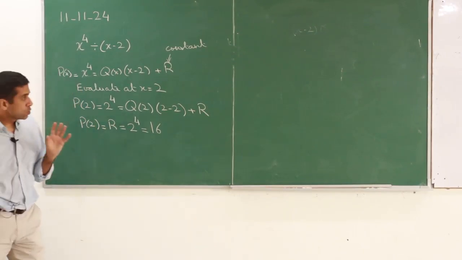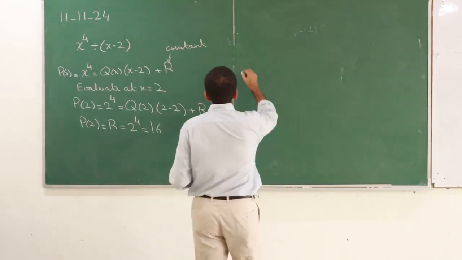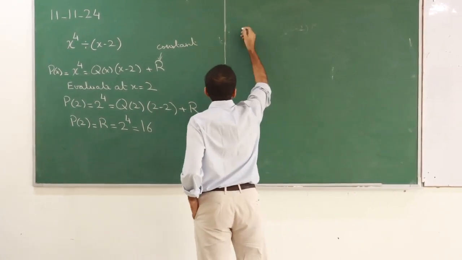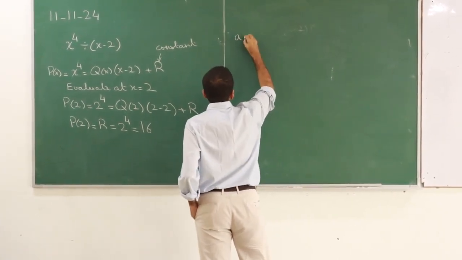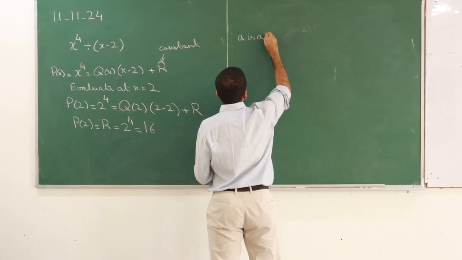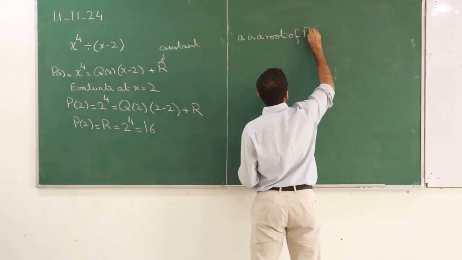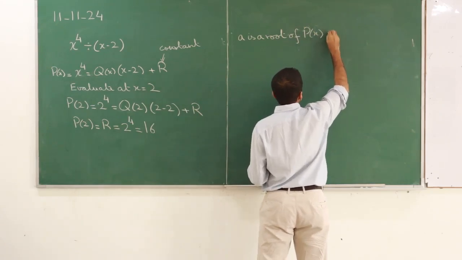So in general, I'm just trying to define something. This is just a definition: a is a root of the polynomial p of x.